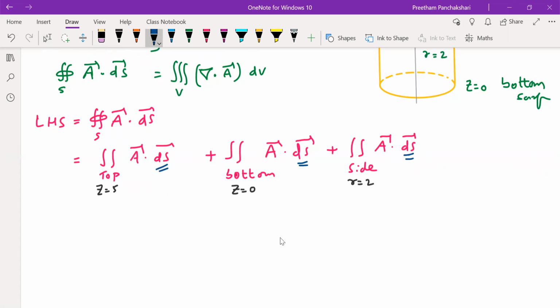Now let us look into the top surface and bottom surface. Both are parallel to each other and similar in shape, so we can directly write for both of them.